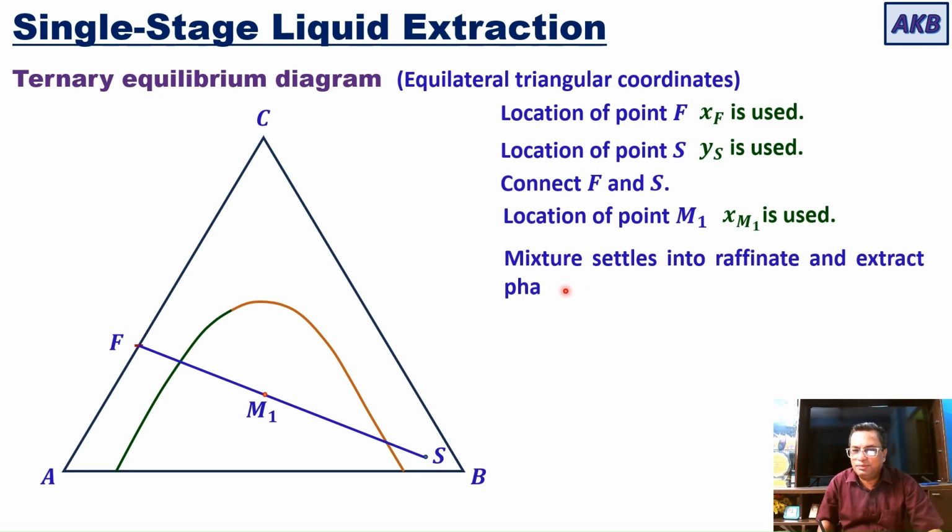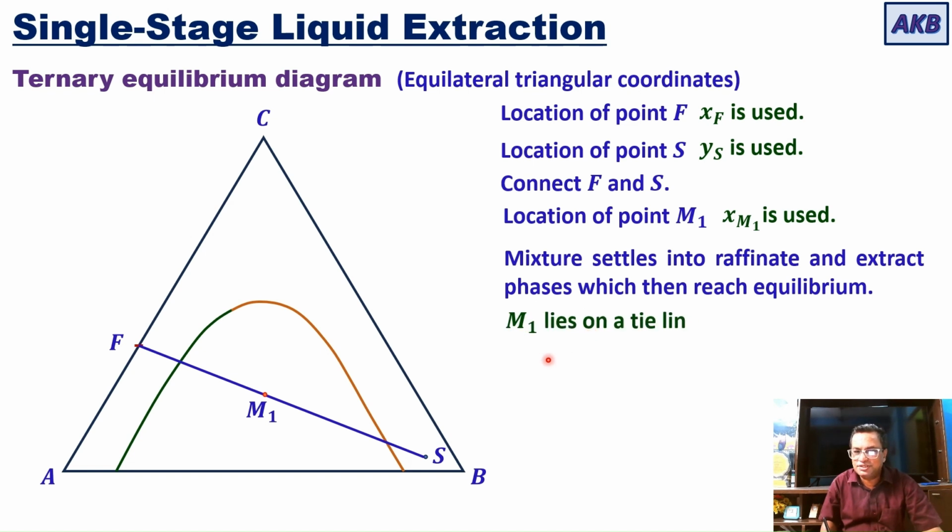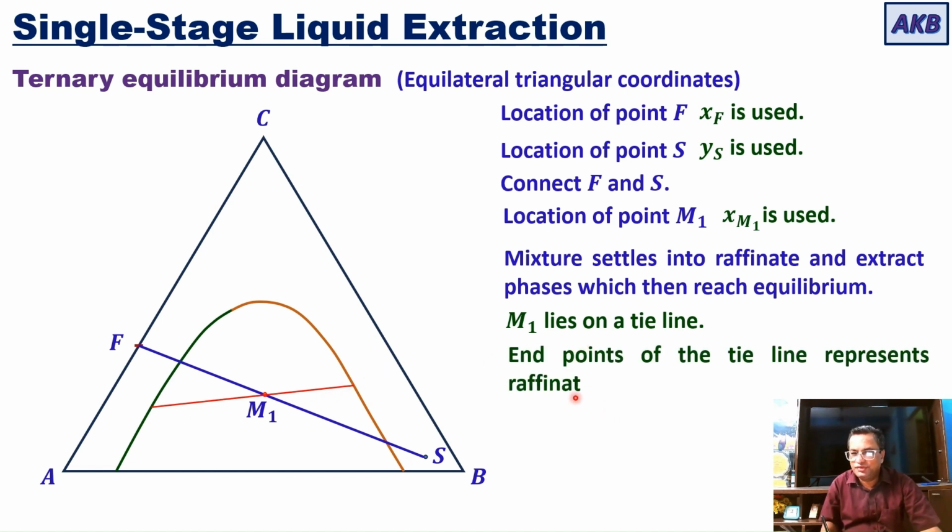Then the mixture, when it is allowed to settle, will be settling into raffinate and extract phases, and they will come to equilibrium. So that means M1 should also lie on a tie line, and the end points of this tie line represent the raffinate and extract phases that are formed at the end of the operation.